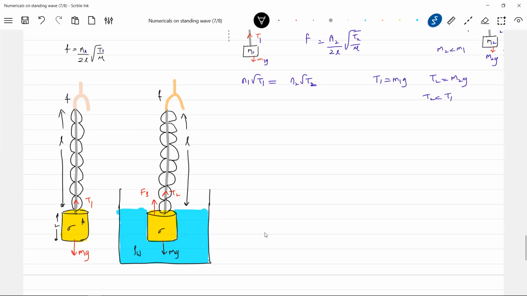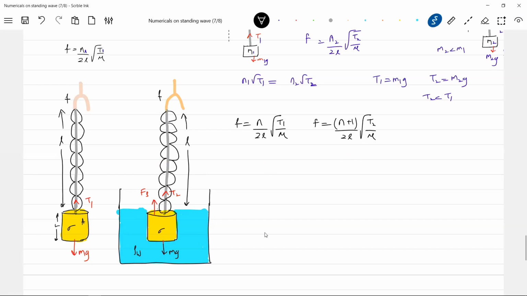Okay, what is the formula? F is equal to n by 2L root T1 by mu. We'll agree these formulas looking at this diagram. The same tuning fork is in unison with the wire again: n plus 1 by 2L root of tension T2 by mu.